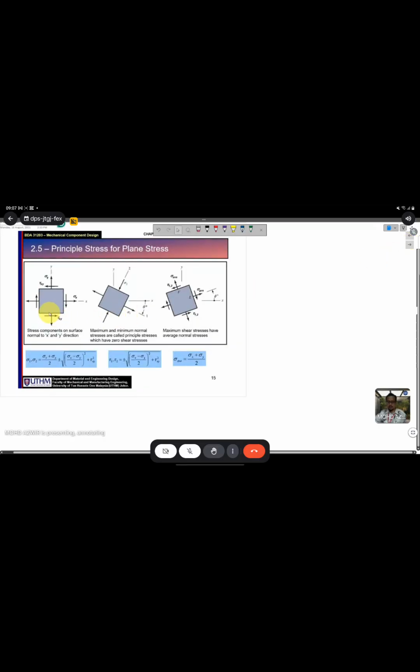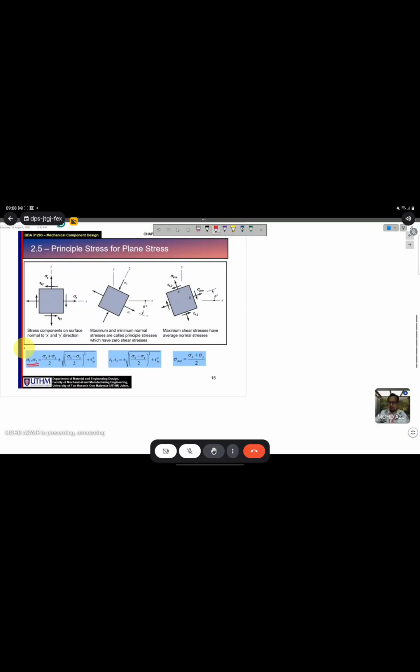Then from that plane stress, to get the maximum stress, you have to use the formula. We have two formulas here to get the maximum stress. So this is the formula for how you calculate the maximum stress, sigma 1 and sigma 2.